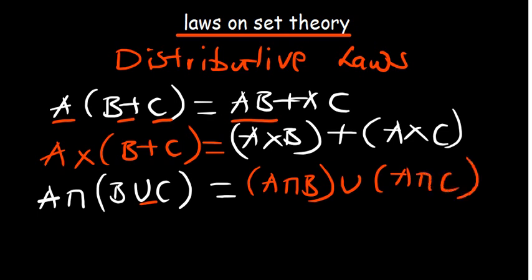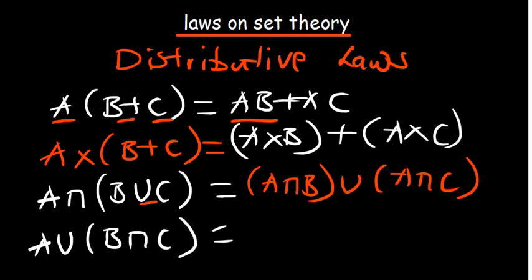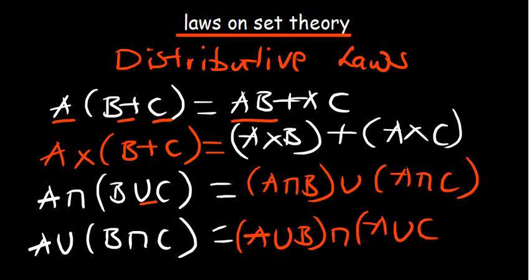For the second one, we have a union outside, then inside you have intersection. So in the brackets, we're going to have A union (B intersection C) equals (A union B) intersected with (A union C). These are the two important distributive laws that you have to understand under set theory. So these are the major laws that apply under set theory.